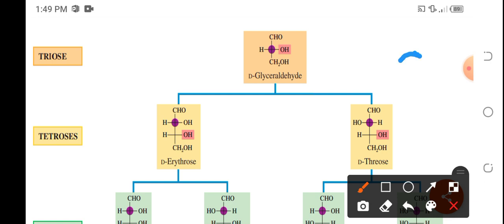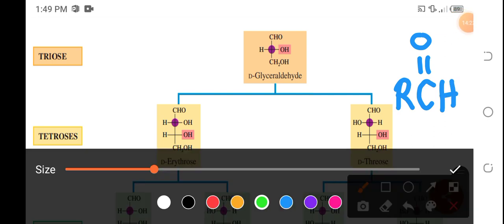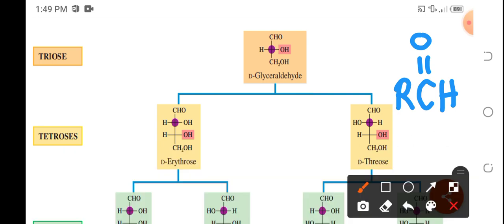So, dapat yung C double bond O, okay, ang aldehyde ay R, C double bond O, H. Okay. So, itong CHO na 'to ay nasa dulo. Okay, the carbonyl group C double bond O is only attached to one carbon atom R.